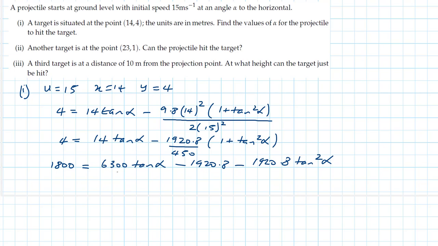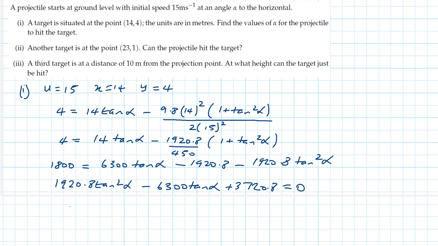Now it's a case of just rearranging it, bringing all the terms onto one side, so we get a quadratic equation in tan alpha. So 1920.8 tan squared alpha minus 6300 tan alpha plus 3720.8 equals nothing.